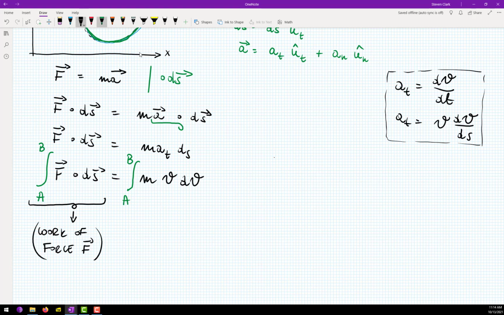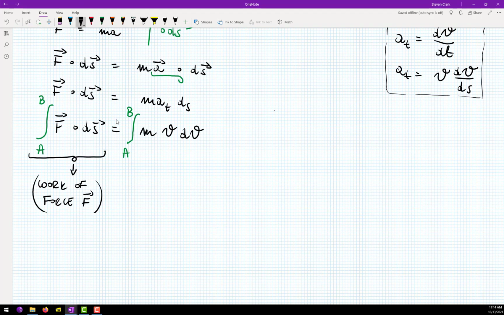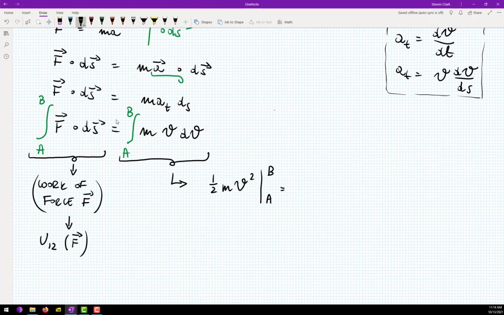If you want to put it in a more mathematical expression, I usually write U12 of F. And that's it, we will leave it right there. This is our work by definition. Now this other term, if I remember correctly, will be equal to 1/2 m v squared from point A to point B. So that would be 1/2 m v_B squared minus 1/2 m v_A squared.